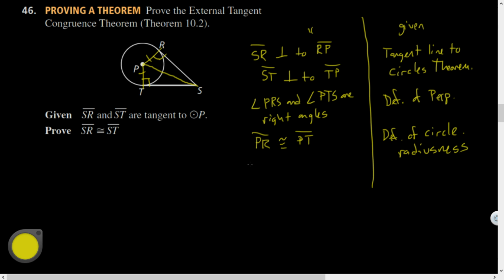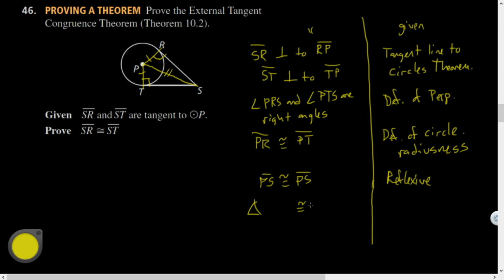I like it. All right, so those are congruent. I'm going to say this, and you guys will all know this one. PS is congruent to PS. Reflexive. Now, first of all, let's label these triangles.